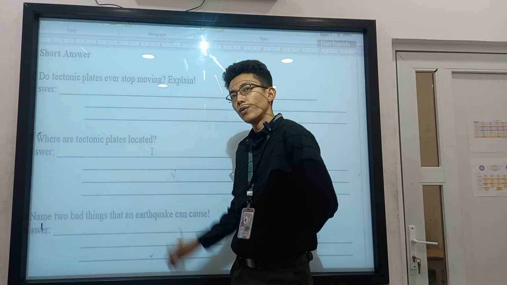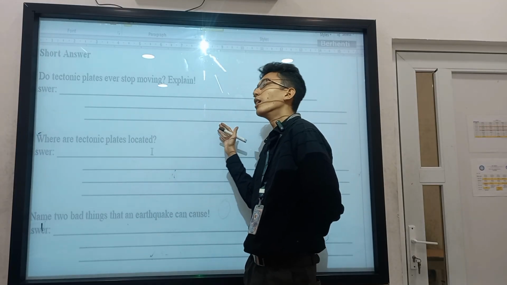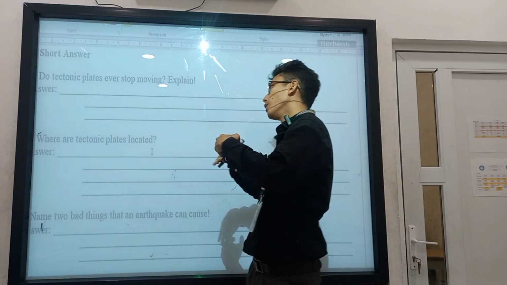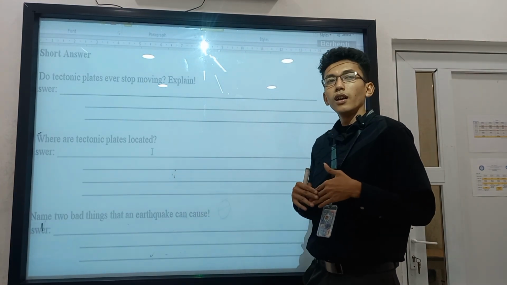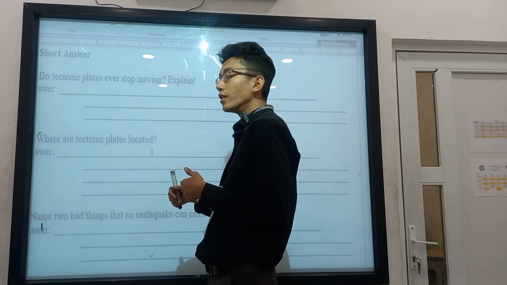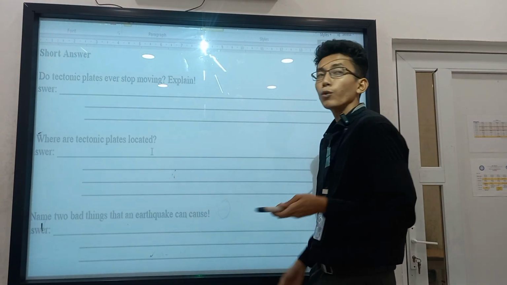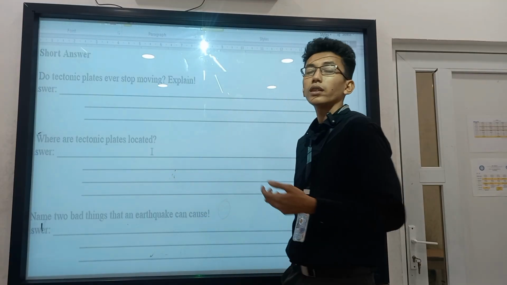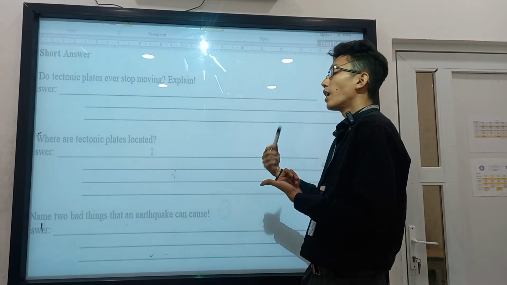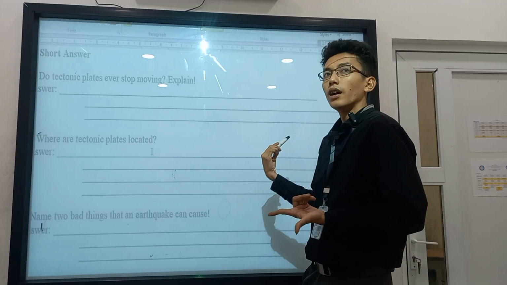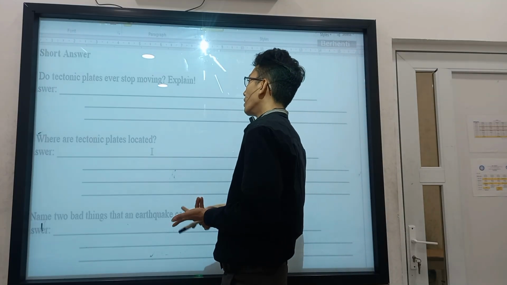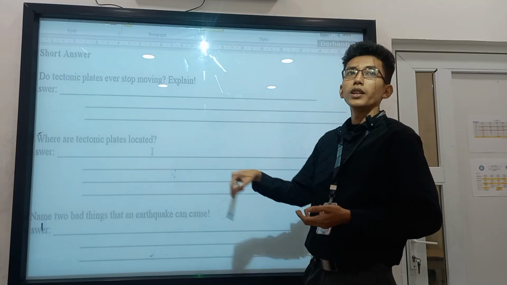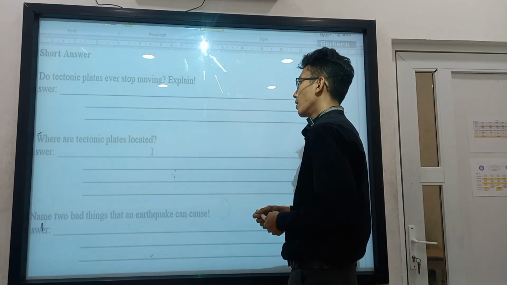We already saw before that we are living in the literal ring of fire. That means the border of the tectonic plates between the Eurasia and the Asia. And I already told you about the tectonic plates, like we got the Atlantic plates, the Eurasia plates, the Africa plates, and we are living in the Eurasia plates.